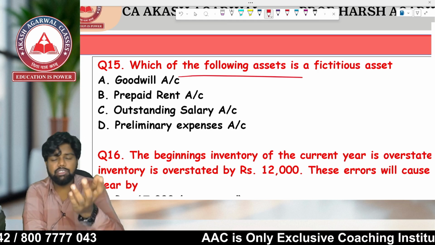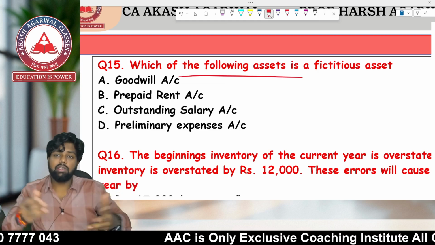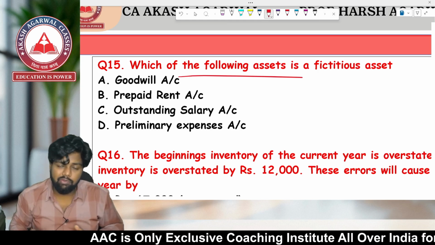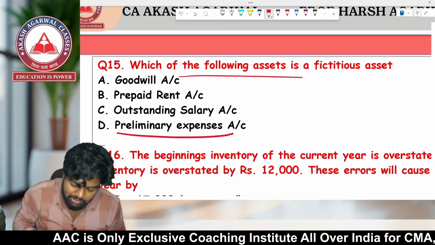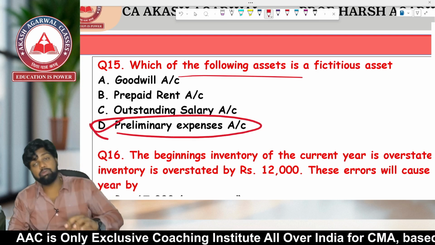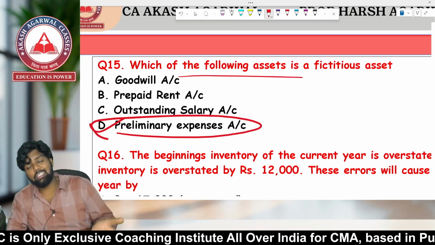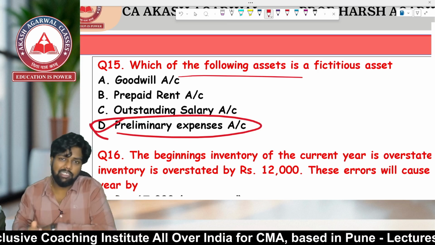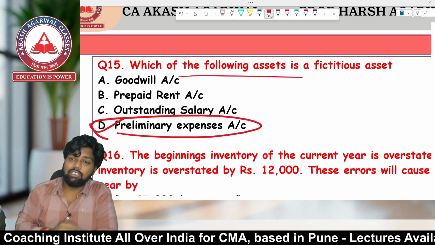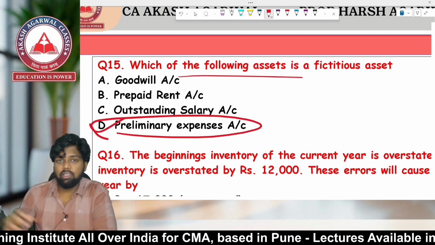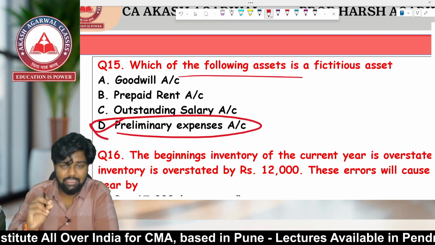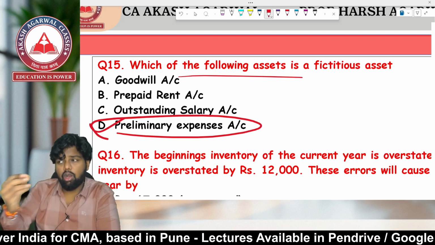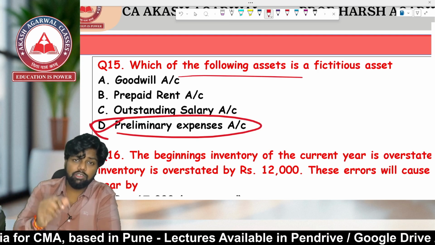But these expenses we have to spread over the period for which we have derived the benefit. Preliminary expenses, the expense which we have incurred for starting up a business organization before the business has started, are in the nature of fictitious asset. They have no physical existence, but we have to defer it over a period of time for the benefit received.